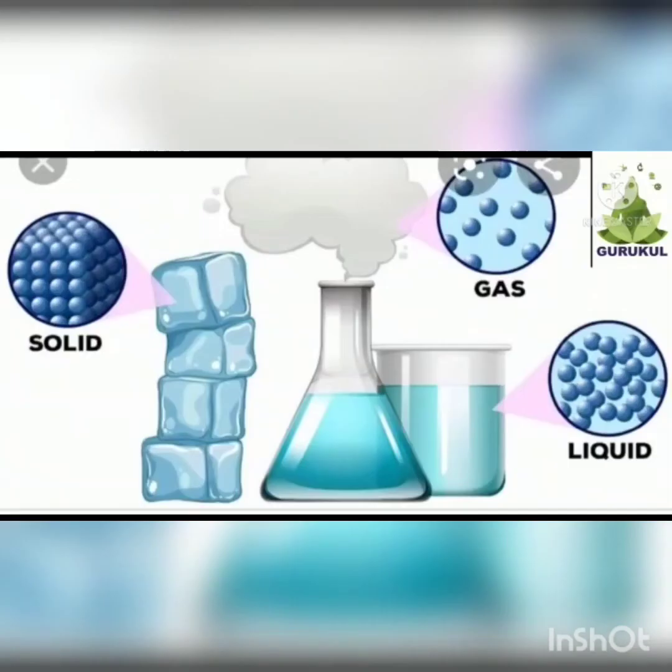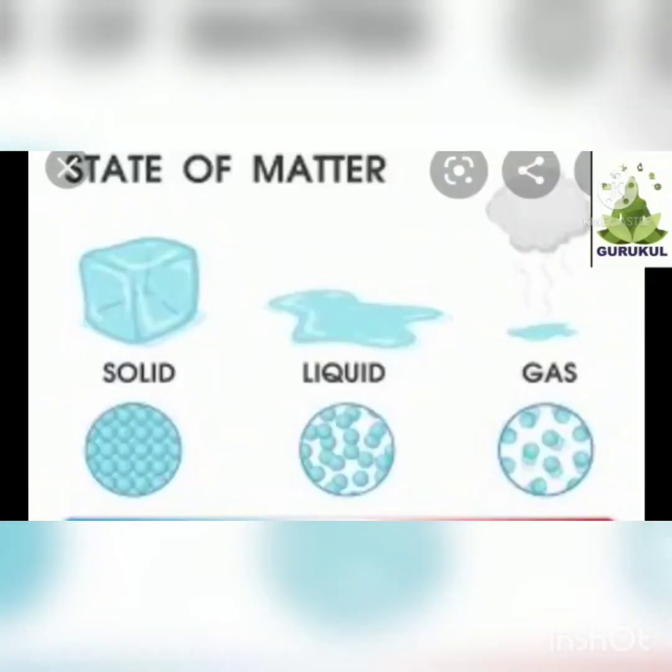Okay. Then, how can we change the state of a matter? Yes, think on it. By heating or by cooling process. Every substance in our surrounding is found in the state of either solid, liquid, or maybe in a gaseous state.